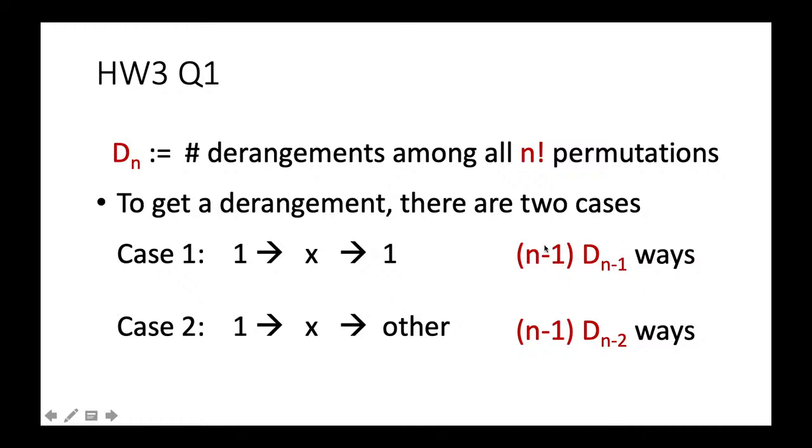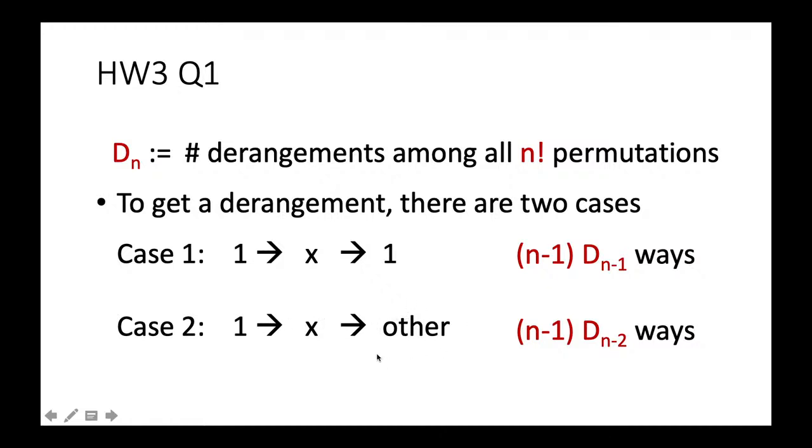Is that okay? Now, for case 2, 1 goes to x, and x goes to something that is not equal to 1. So in that sense, we can think of this 1 and x as some label merged together. Let's call it a big Y. What we are looking for is that Y should go to some other number other than 1, right?